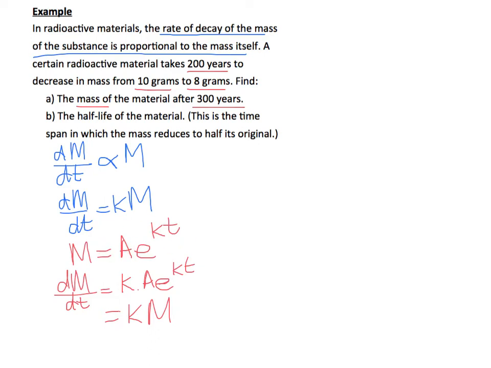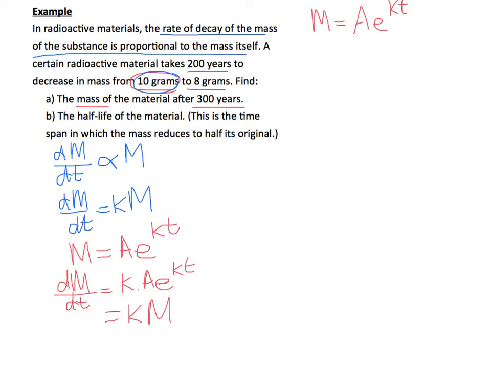So let's use this here to help us solve this problem. So m equals a e to the power of kt. All right, m, the mass of this substance, equals a e to the power of kt. It takes 200 years to decrease in mass from 10 grams to 8 grams. So we'll say that 10 grams is the initial mass. So when t equals 0, m equals 10 grams.